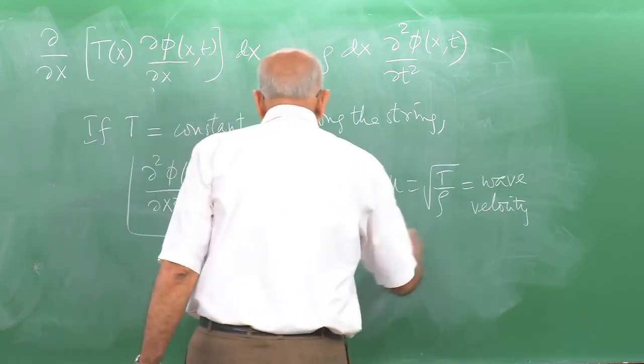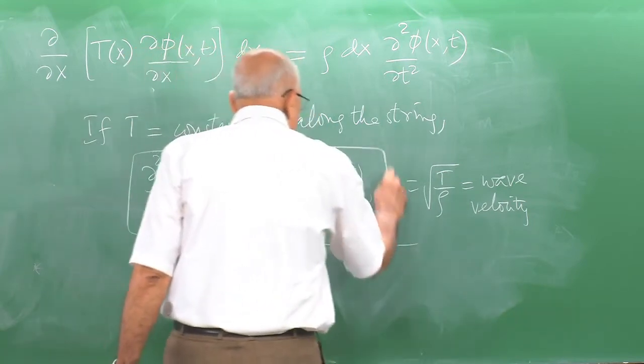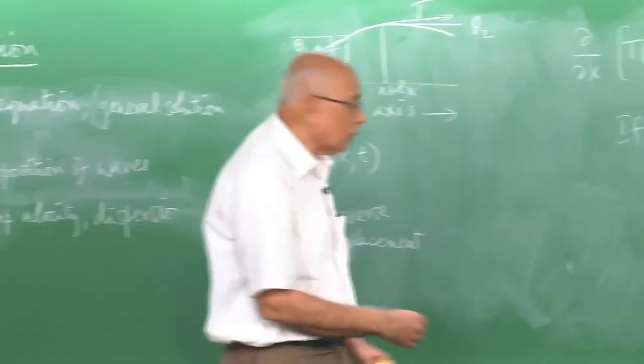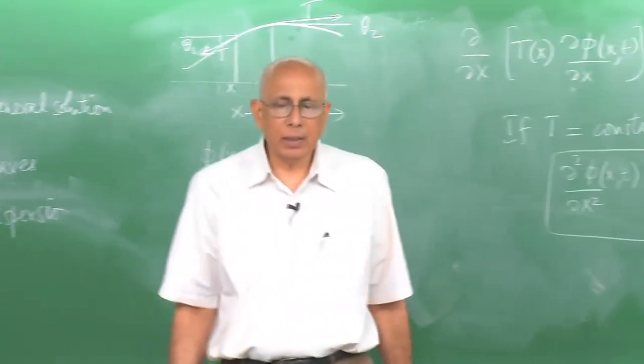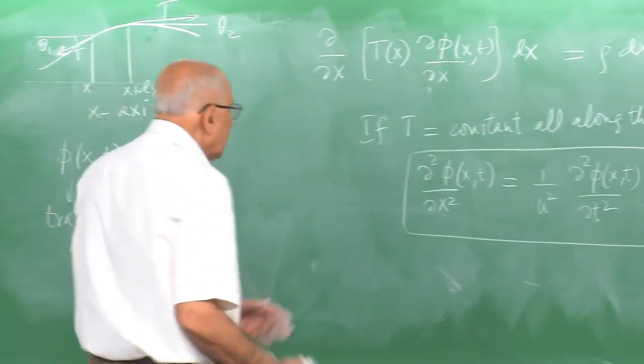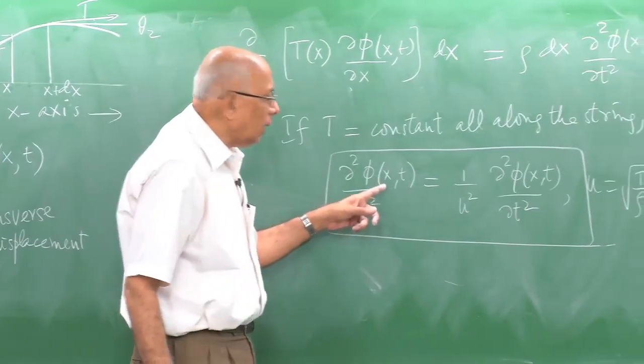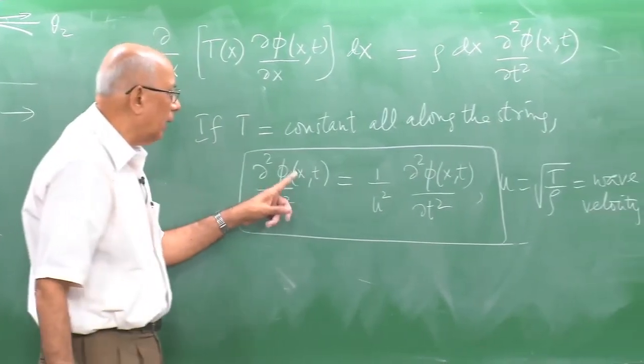So, this equation, in general, although we have derived it here for transverse waves on a string, is called the one dimensional wave equation. The independent variables are t and one spatial variable, namely x.